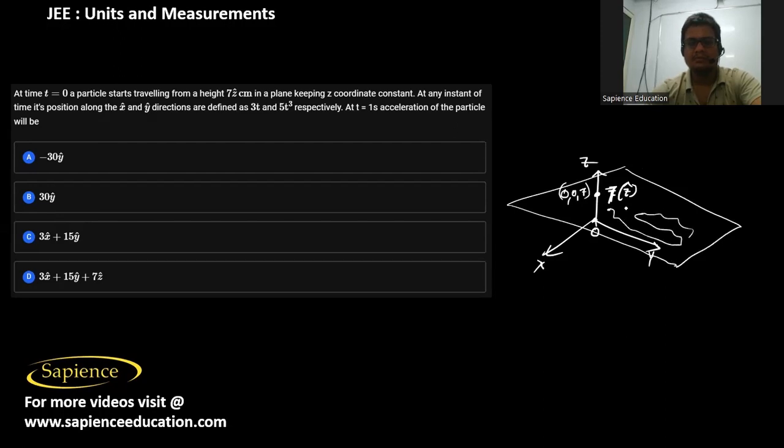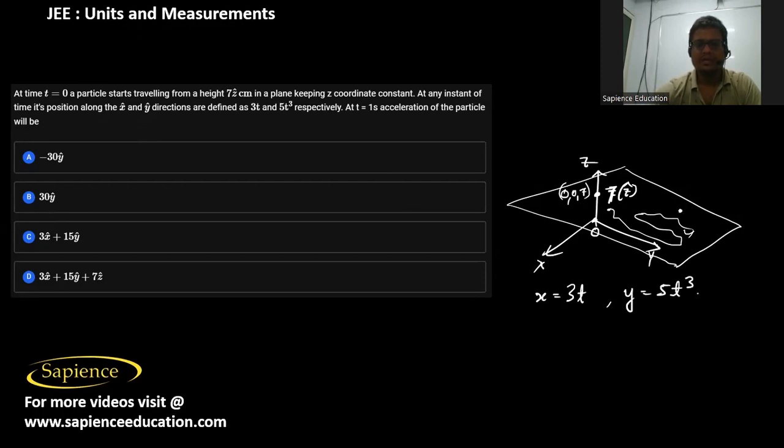At any instant of time, its position along the x cap and y cap directions are defined as 3t and 5t cube respectively. So it means that its x coordinate is 3t and y coordinate is 5t cube.